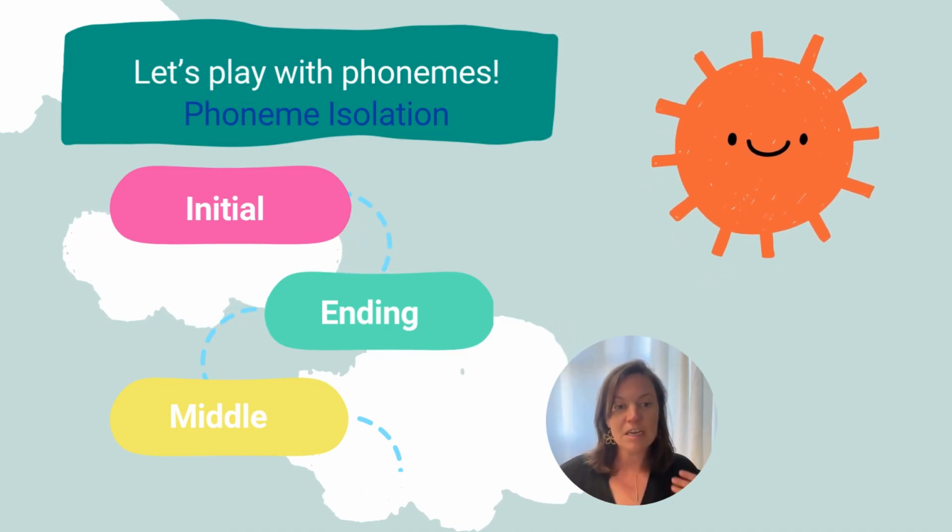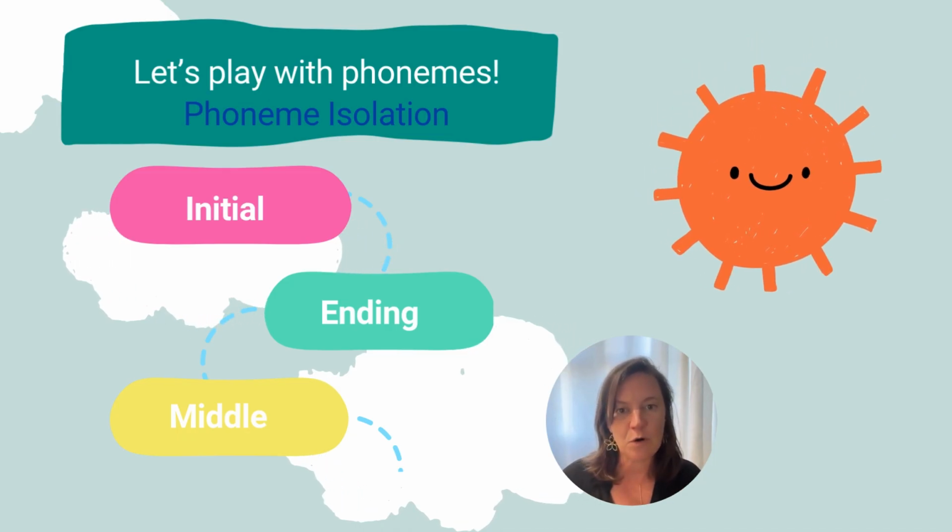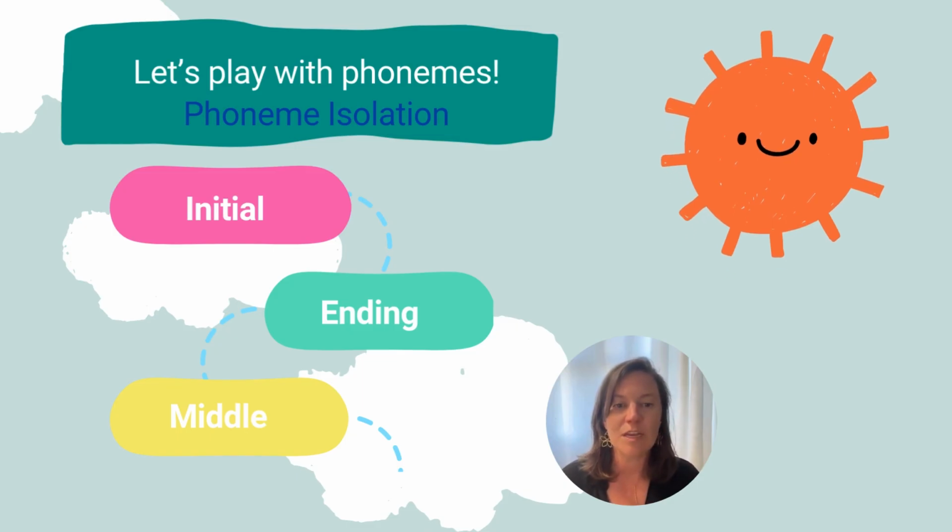The most direct, simplest form of playing with phonemes is phoneme isolation. So that can happen at the initial, the ending, the middle. And I put them in that order because the initial and ending are more accessible and simpler, where the middle sound is often more difficult.